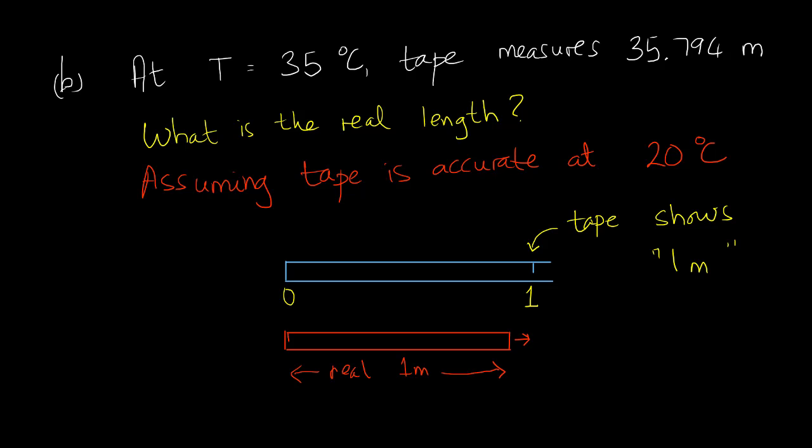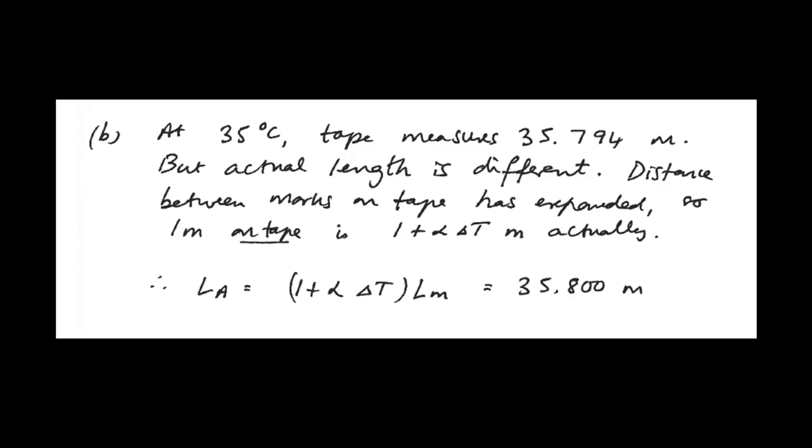So 1 meter on the tape is actually 1 plus alpha delta T meters. Therefore, the actual length that has been measured, LA, is equal to 1 plus alpha delta T times the measured length, LM, which is the 35.794 meters. And so the actual length that has been measured is 35.8 meters.